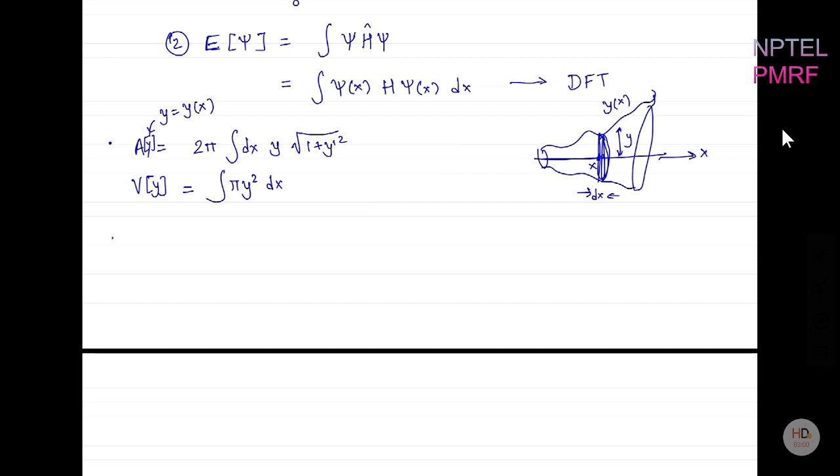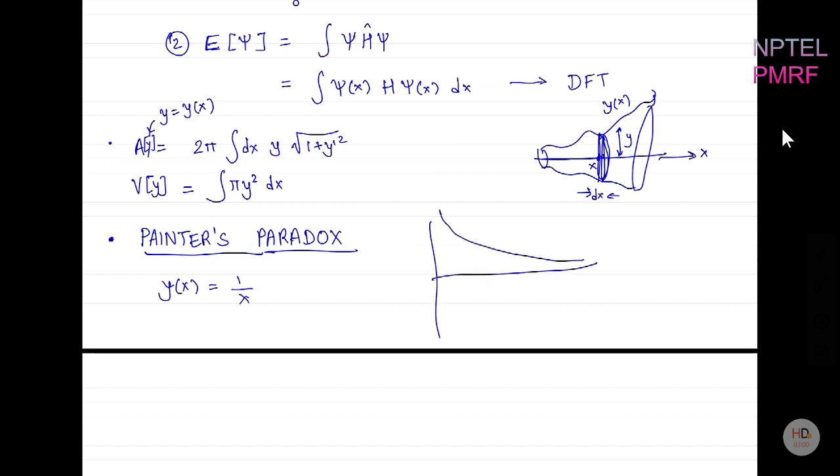And just to give you the flavor of problems that you can do with this, you can consider one special problem that is called Painter's Paradox. The statement is the following: the function y is given as 1 over x. So it's a hyperbola, and now you revolve it around the x-axis, so it looks something like this.